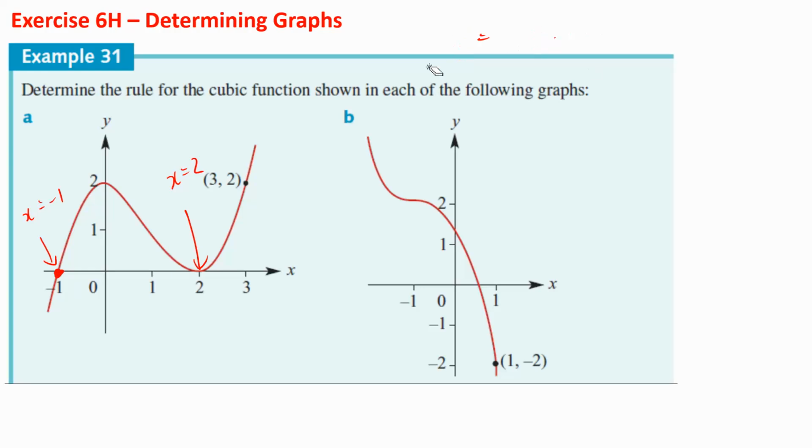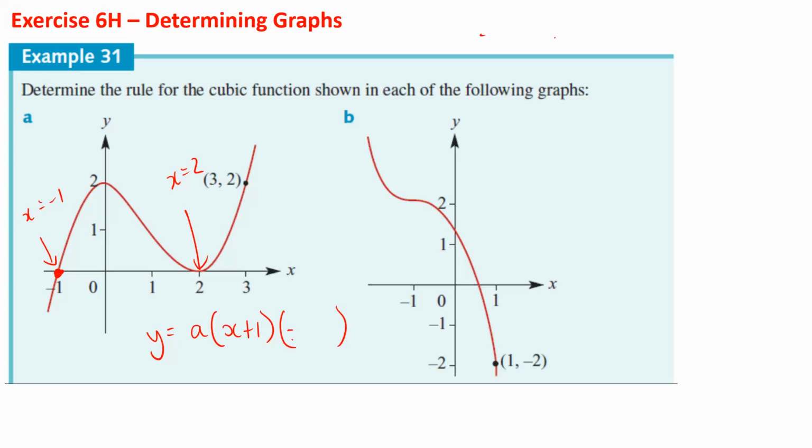For you to have an x-intercept of -1, it has to be x plus 1. That's the only way for you to get x equals -1 as x-intercept. True? Whereas your second factor, the only way for you to get x equals 2, your factor has to be what?